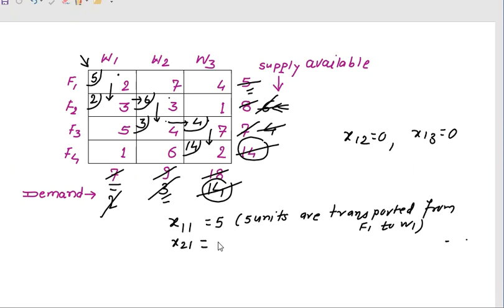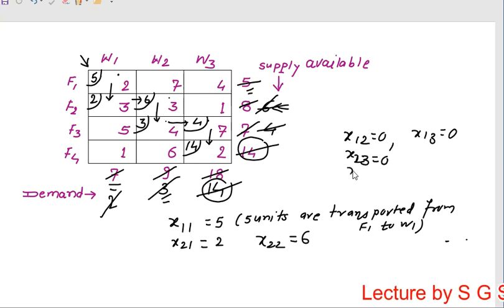Now second row, quantity of goods transported from F2 to W1, X21 is 2. And X22, from second factory to second warehouse. How many units are transported? 6 units are transported from F2 to W2. To W3, no unit of goods is transported. So X23 is 0. Then third row, how many units are transported from F3 to W1?